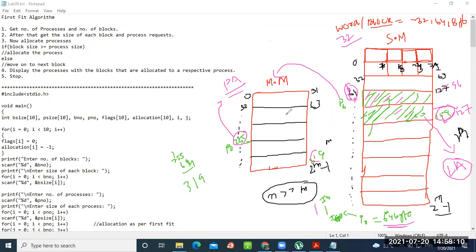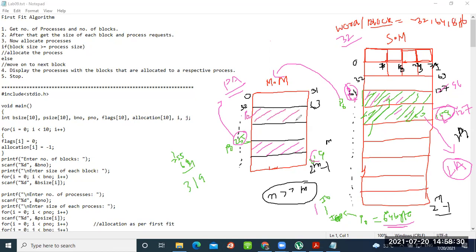To avoid this, we use the concept of non-continuous allocation. In non-continuous allocation, when I store P0, some part of P0, suppose 32 bytes, is stored here, and the rest 32 bytes of P0, if space is available, I store here.